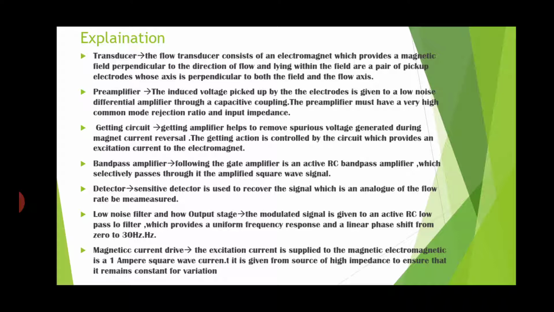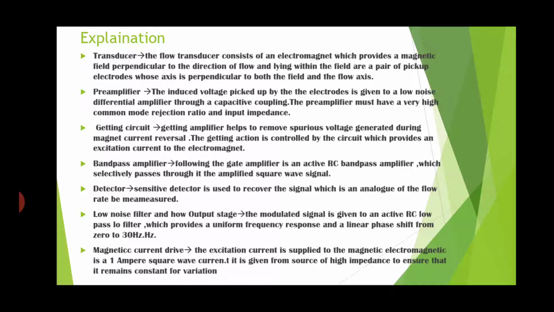Preamplifier. The induced voltage picked up by the electrodes is given to low noise differential amplifiers through a capacitive coupling unit. The preamplifier must have a very high common mode rejection ratio and input impedance.